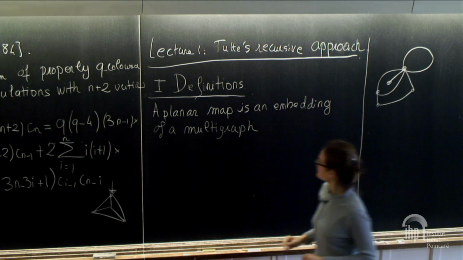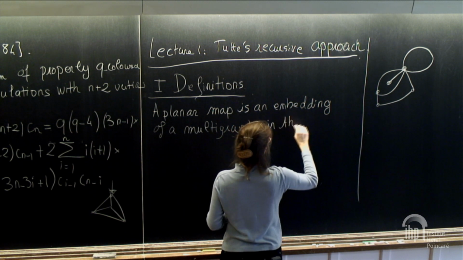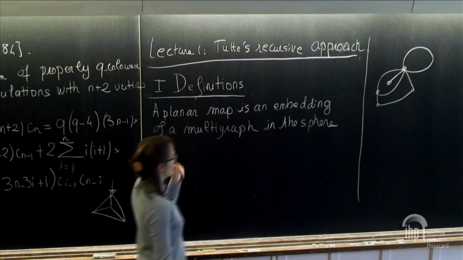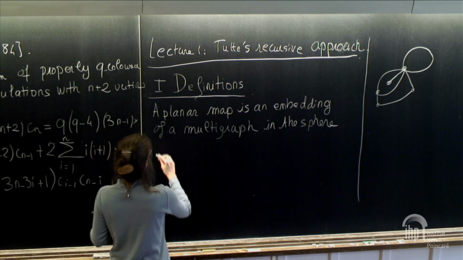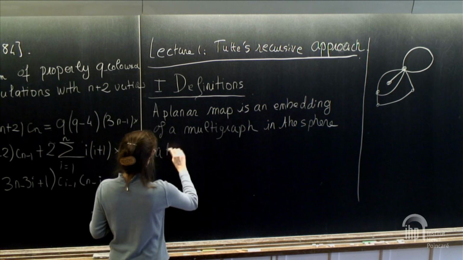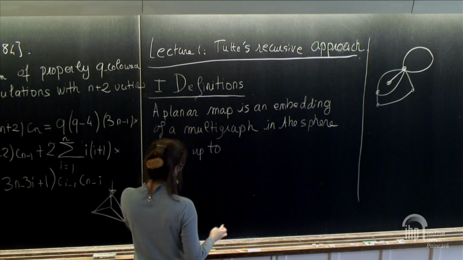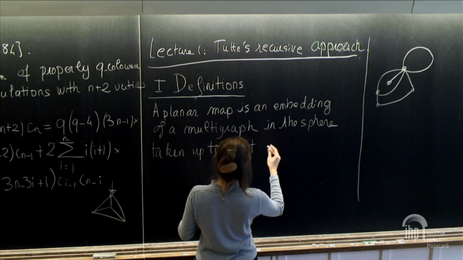For instance, an embedding in the sphere, and this is in fact a combinatorial object, meaning that this is taken up to orientation preserving homeomorphisms.